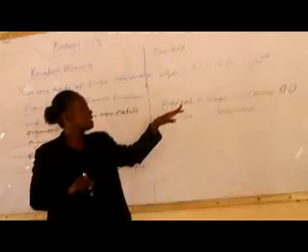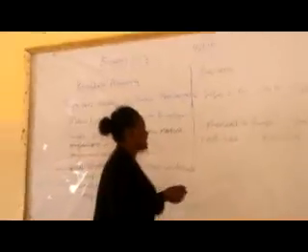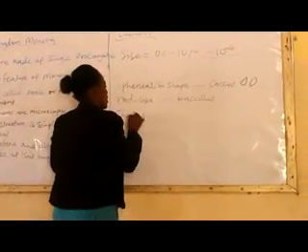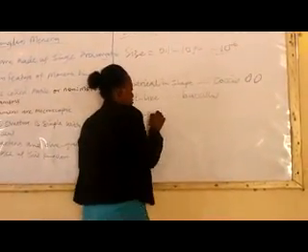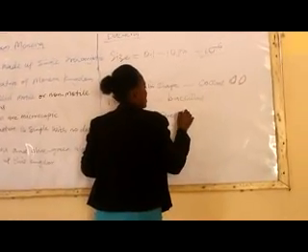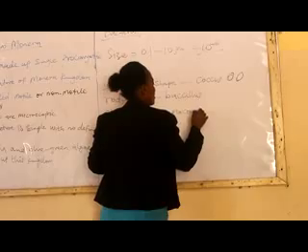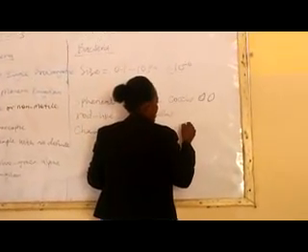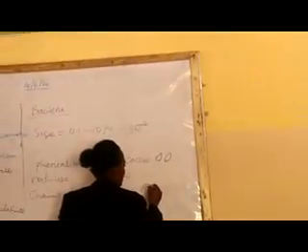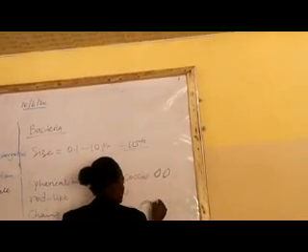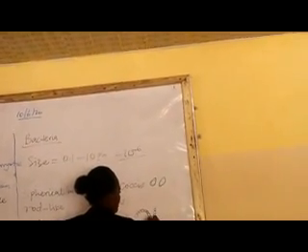If they are spherical but in chains like this, we call them streptococcus. This is how they are in chains. We call them streptococcus.